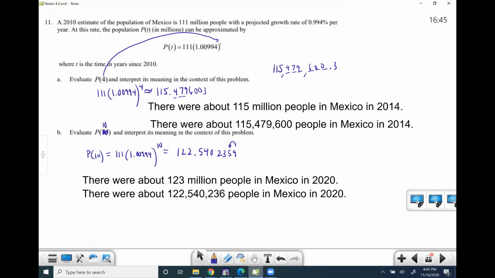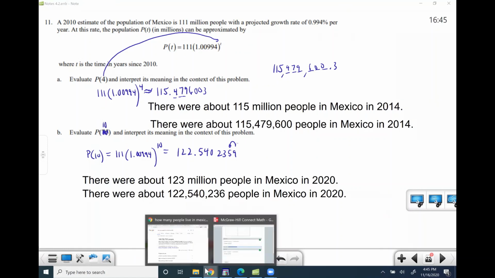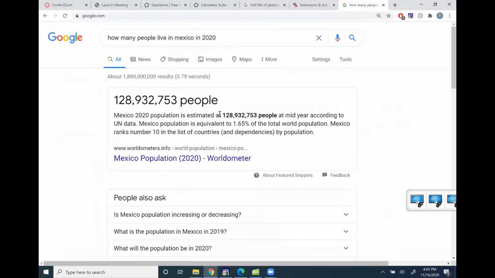What did we get? Oh, it's close, you guys. We had 123-ish, and it was 128-ish. And this was even an estimate. Here it says, I don't know if everybody's compounded their census data yet or not. Oh, not too shabby. Okay.